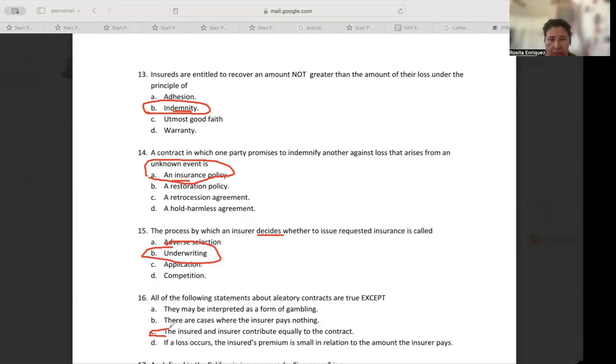So this doesn't go with the aleatory contract. All of the other ones are true except this one. So that is for aleatory contracts, okay?